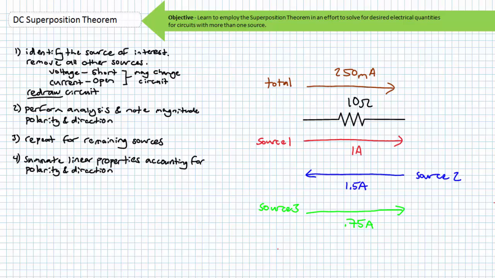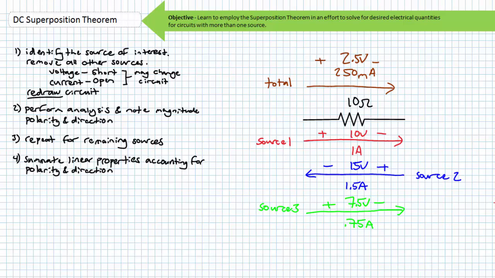Given the above-mentioned current directions, source 1 would induce a 10-volt drop across this resistor, positive to negative, left to right. Source 2 would induce a 15-volt drop across this resistor, positive to negative, right to left. And source 3 would induce a 7.5-volt drop across this resistor, positive to negative, left to right.